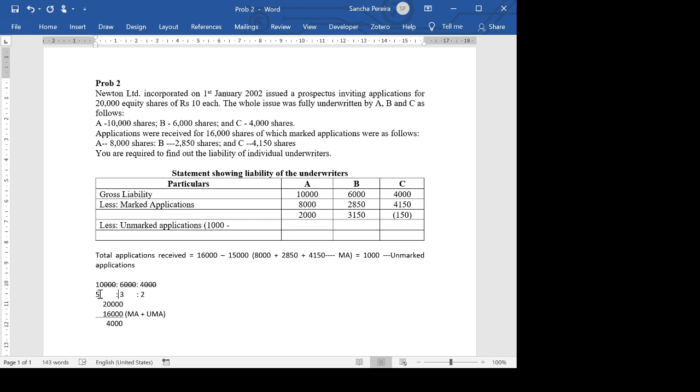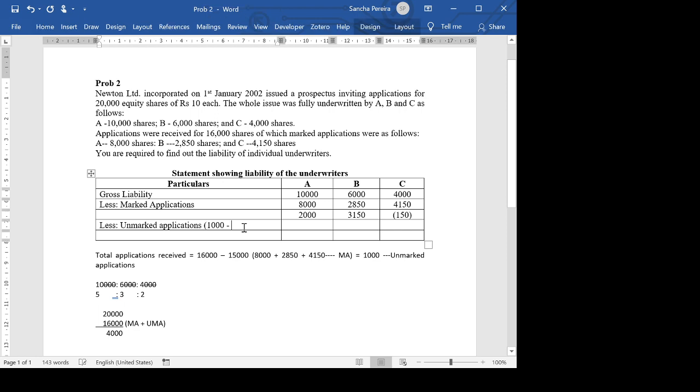So 5 is to 3 is to 2. That's how you calculate this ratio. So this is going to be divided in that ratio, 5 is to 3 is to 2. Okay, so if we divide that, you'll get 500, 300 and 200.